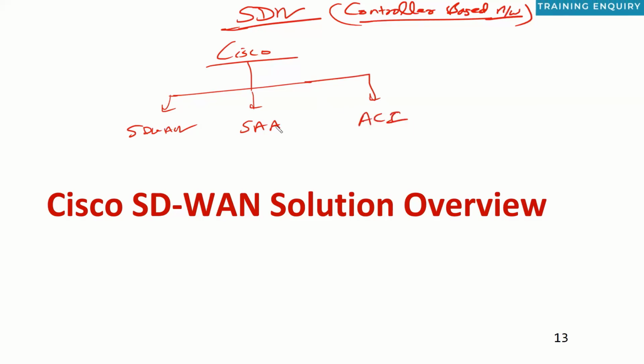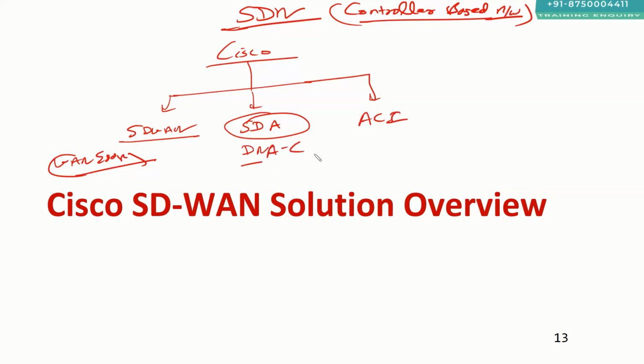If you are aware of this a little, in SD-WAN, you are managing only WAN edge routers. I'm talking from an enterprise customer point of view. In SDA, you have a device called DNAC, that's your controller, DNA Center.